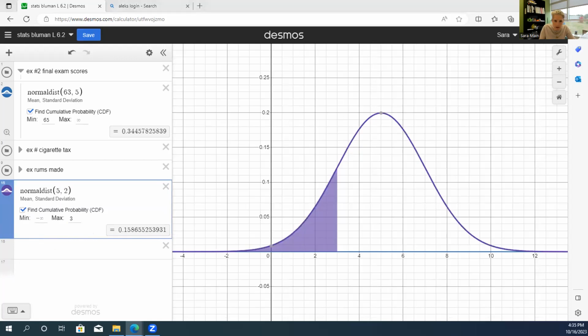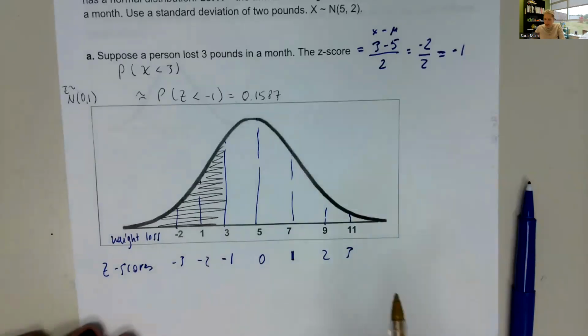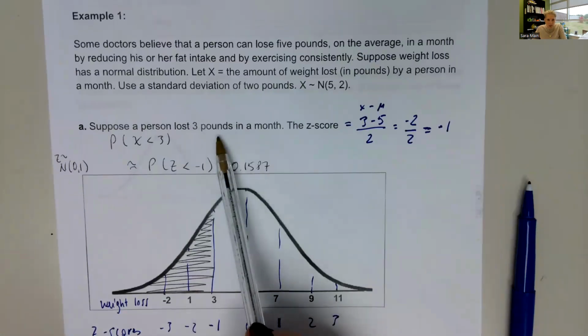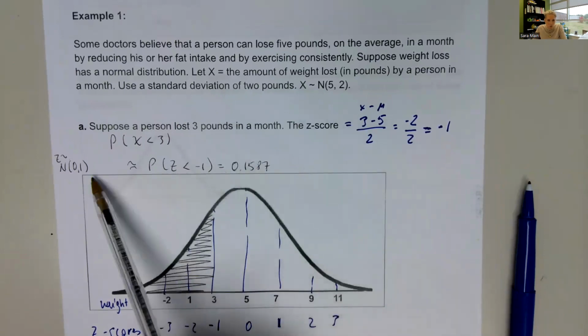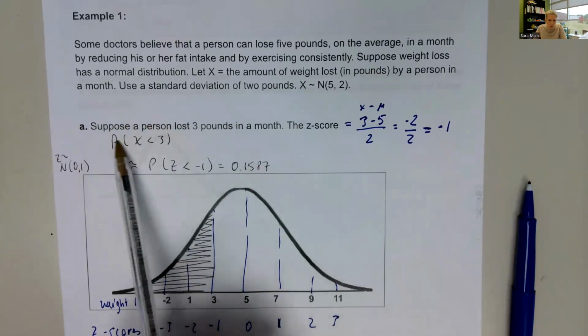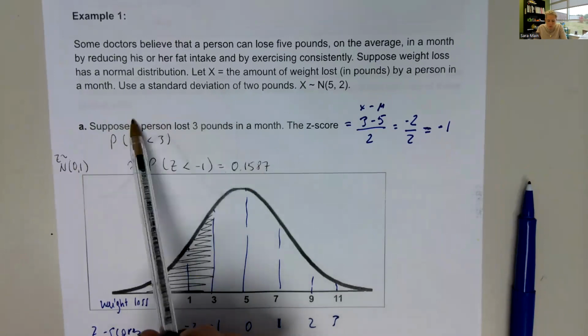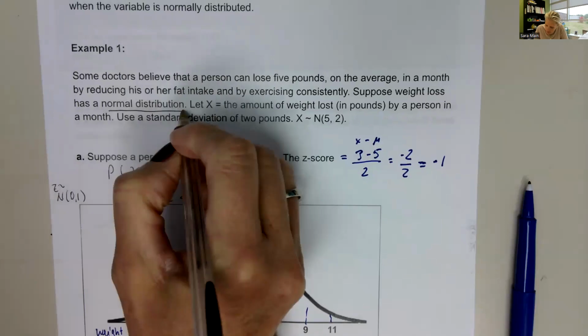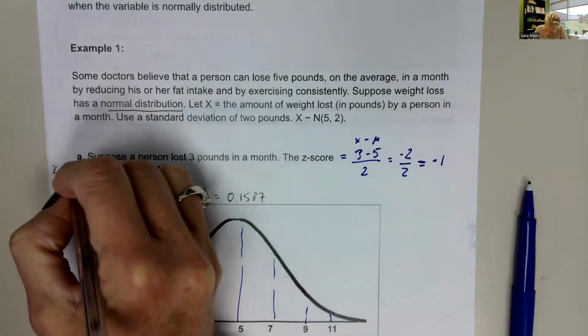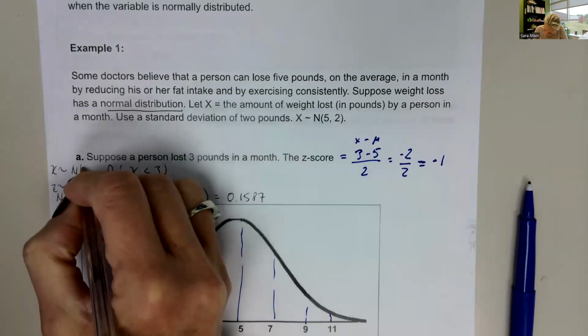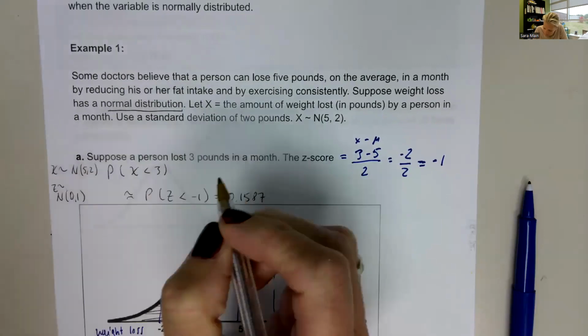And that is because instead of taking each particular situation and turning it into a z-score and using the normal distribution, if we know that our data is normally distributed, which it says that it is, then we can use that distribution and say X is then normally distributed, in this case with a mean of 5 and a standard deviation of 2.